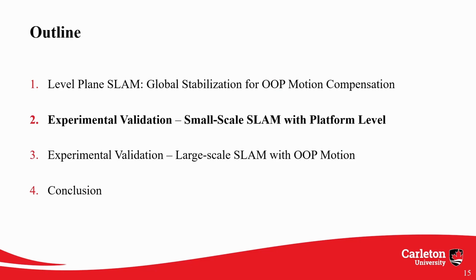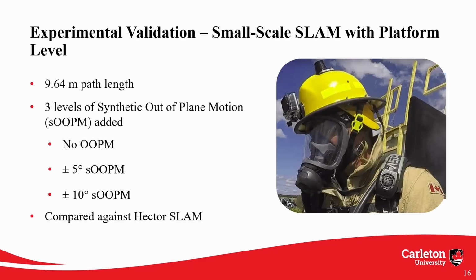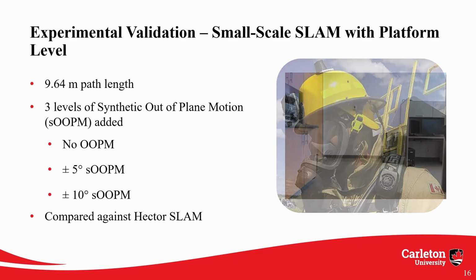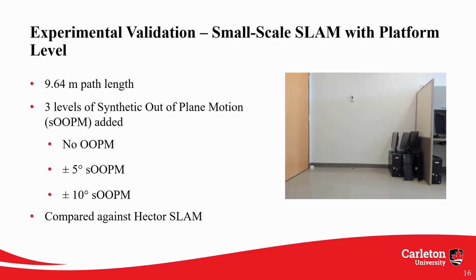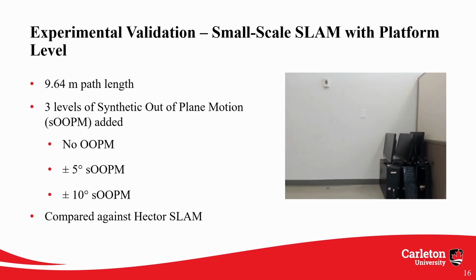Now, how well does our method perform? To begin, we do a small-scale SLAM experiment where we keep the helmet platform shown here on top of a cart level. The cart then navigates the 9.64 meter path through the office detailed in this video.